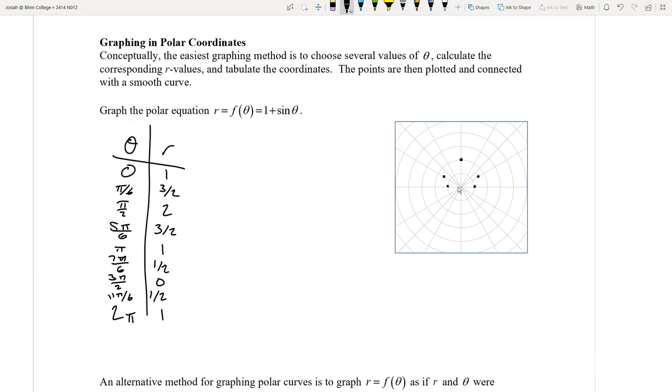And then when we get to our 7 pi over 6, we get 1 half. So halfway in the circle here. 0, halfway in the circle there. And so we'll go ahead and connect. And so that'll give us our graph. And this is going to be called a cardioid because it looks kind of like a heart.